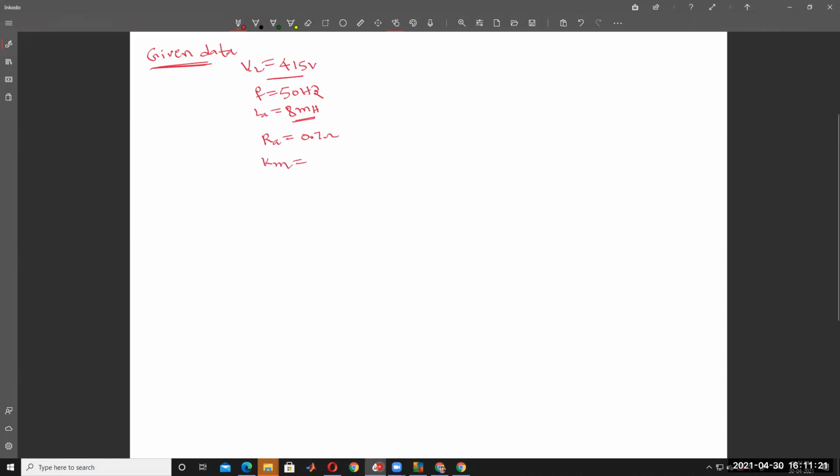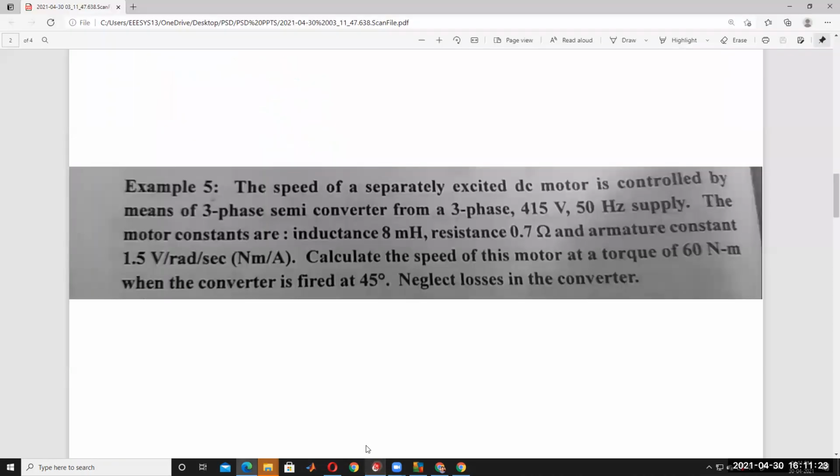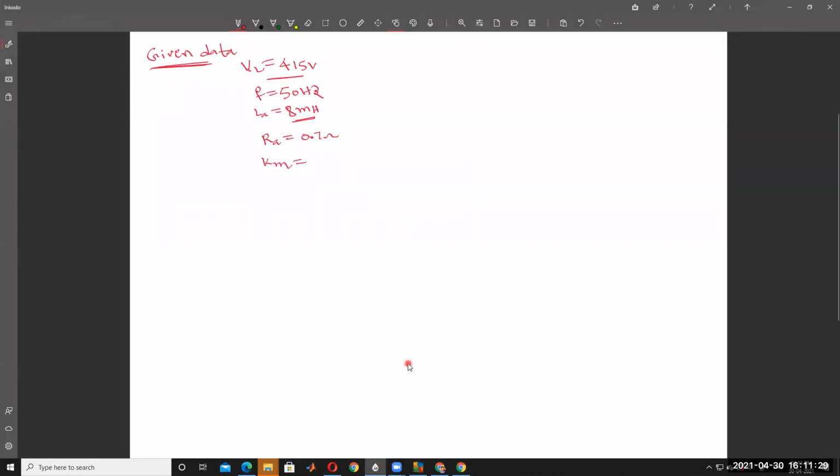Motor constant Km is 1.5 volt second per radians, that is 1.5 volt per radians per second. So units are also important.